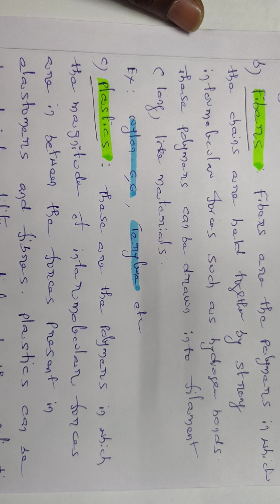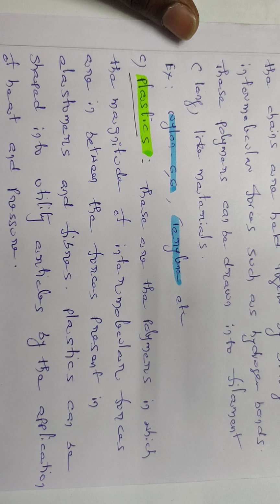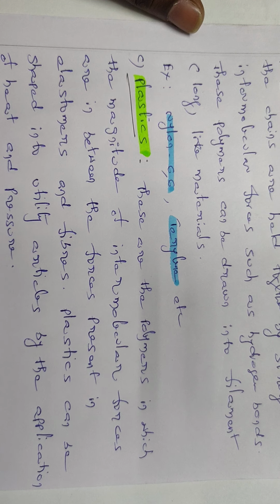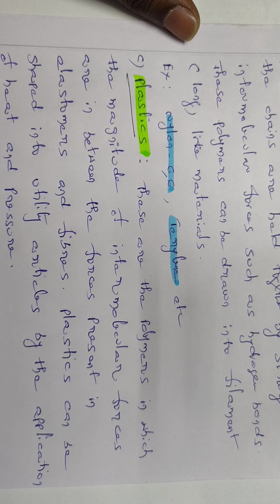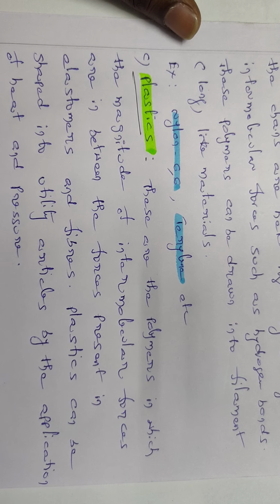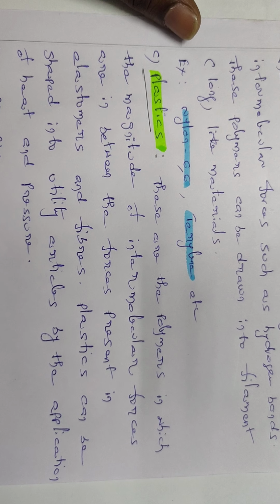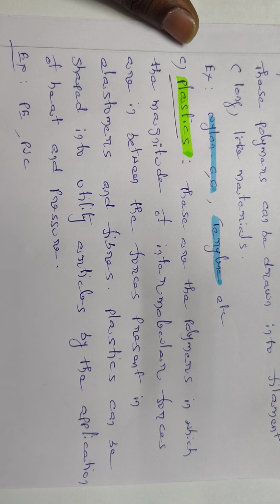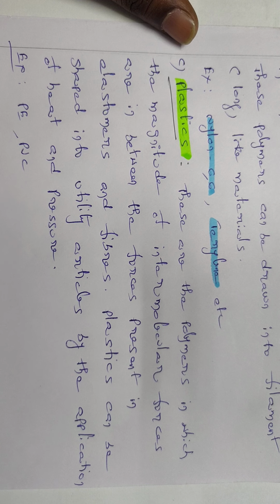These are the polymers in which the magnitude of intermolecular forces is in between the forces present in elastomers and fibers. That means the forces are not too strong as fibers and not too weak as elastomers. Such type of polymers are called plastics. Examples: polyethylene, PVC.